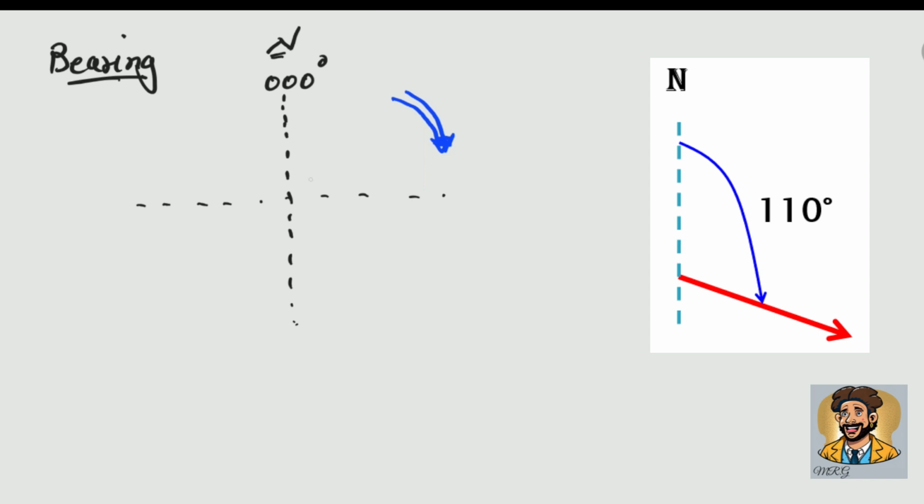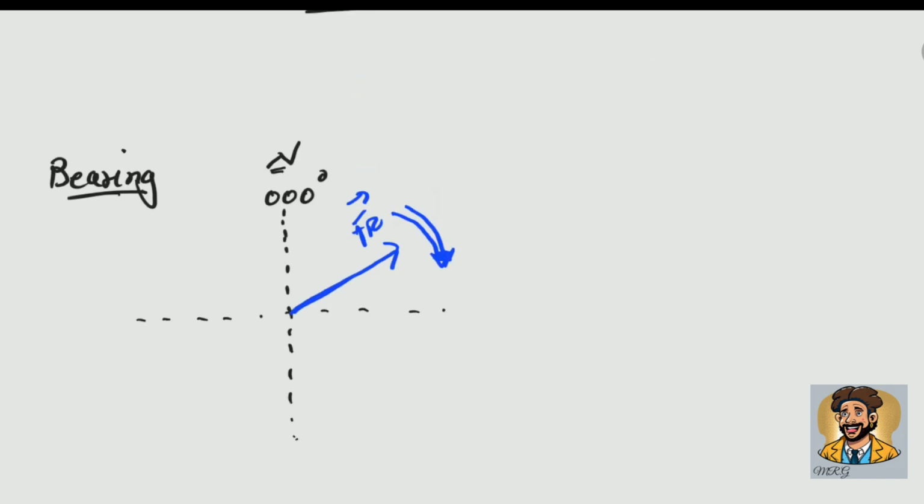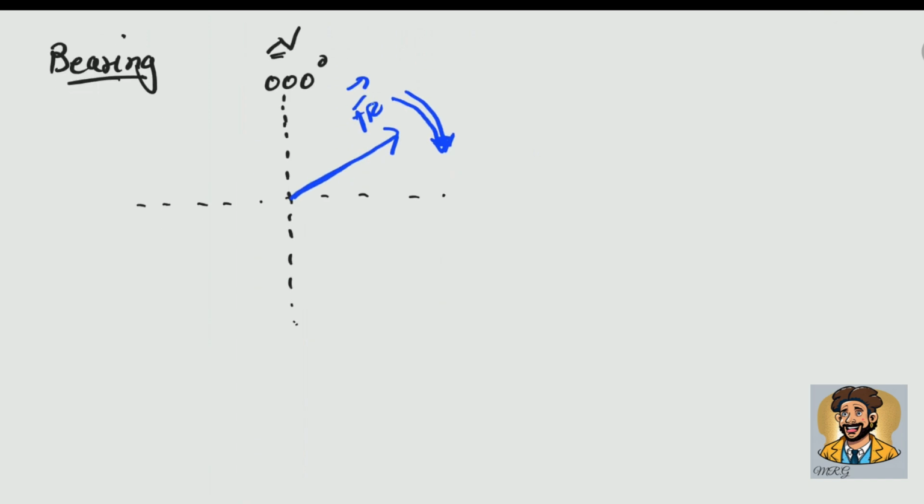For instance, the resultant force that we got is this force here, which is equal to 133 Newton. All right, so if we use bearing to represent the direction of that force, that angle will be the bearing.